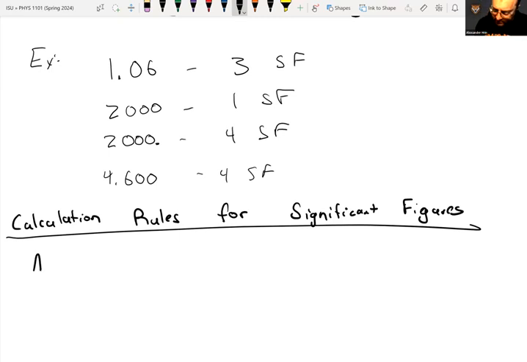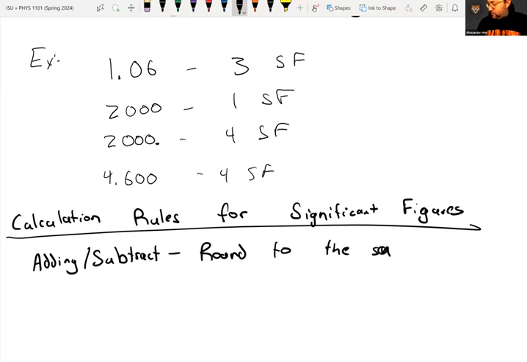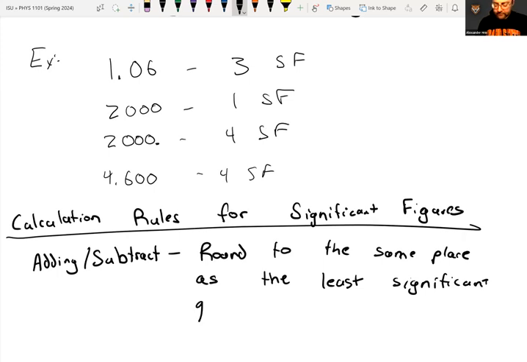So if you're adding or subtracting, then the rule is you round to the same place as the least significant quantity.